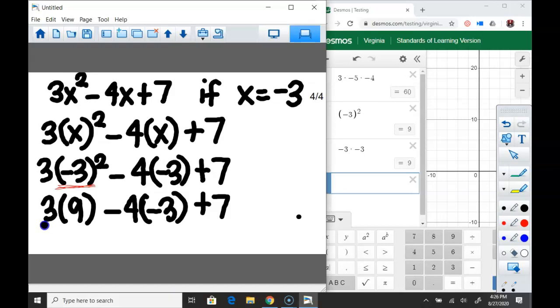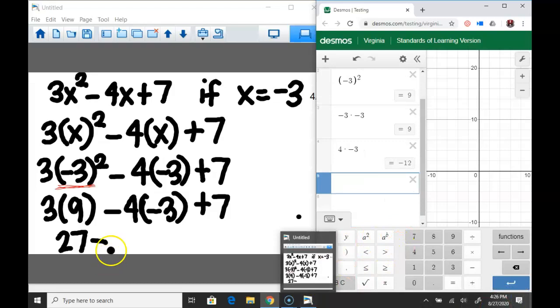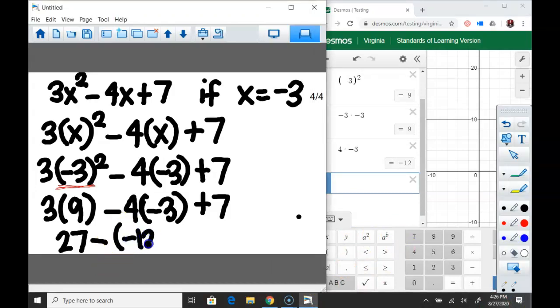So first we have 3 times 9. 3 times 9 is 27. Then we have minus 4 times negative 3. Now be sure we get these sign numbers right. So I'm going to type in over here 4 times negative 3. And you'll notice that is a negative 12. So when I write that down over here, I'm going to put that negative 12 in parentheses because it's minus a negative 12. And I don't want to lose one of those signs.